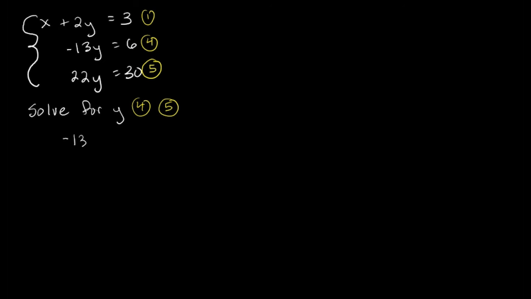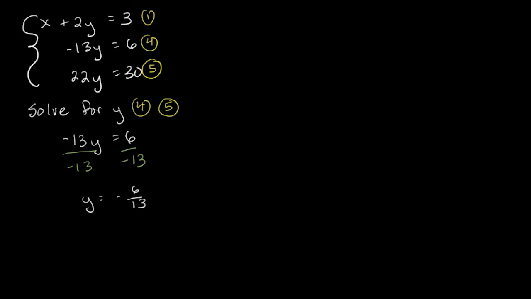We have equation 4, which is negative 13y equals 6. If you just divide both sides by negative 13, we're going to leave it in fraction form. y equals negative 6 over 13.